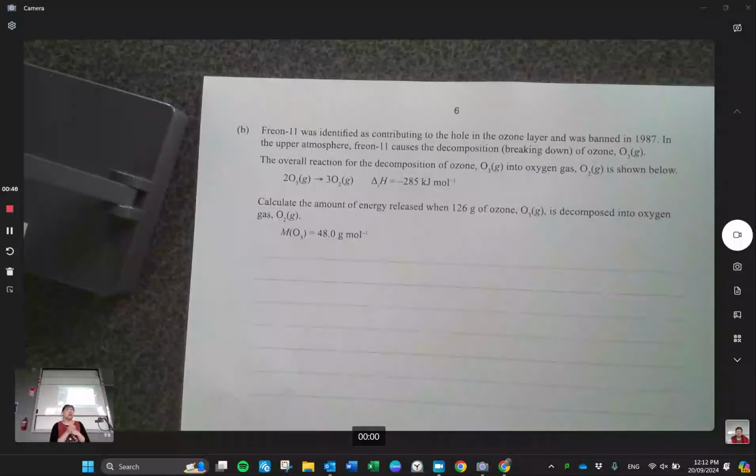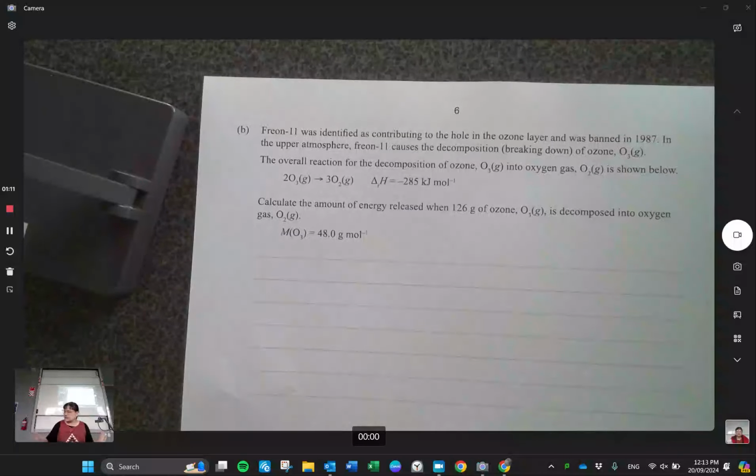So they structure the question asking, if you have this much mass of this component, or this much mass is being produced, how much energy is released or absorbed from that reaction. They could also flip it around the other way, and they could ask you, if you have this much energy, how much of this product are you going to produce, or how much of this reactant do you need? So I'm showing you one direction, and then on Monday next week, I'll show you the other direction.